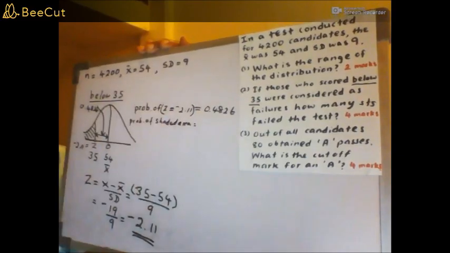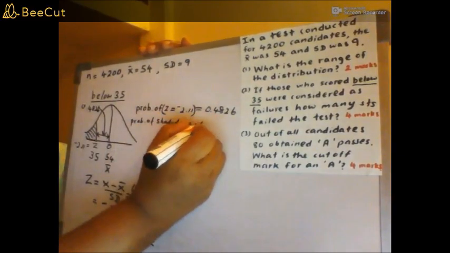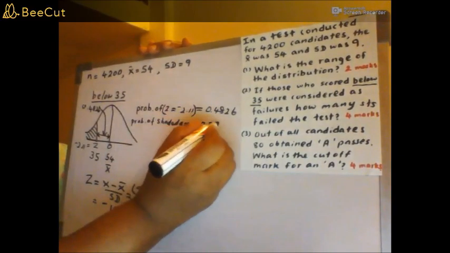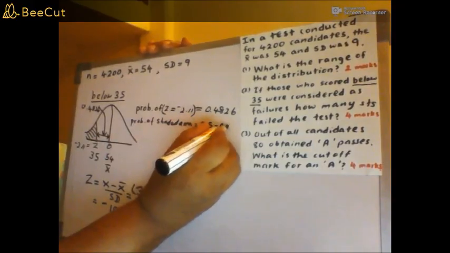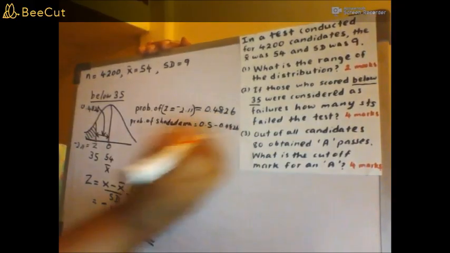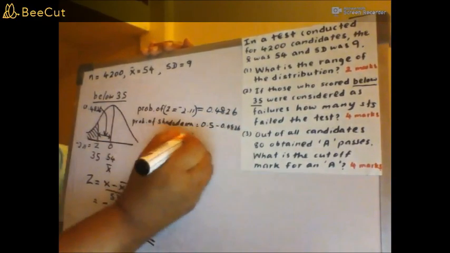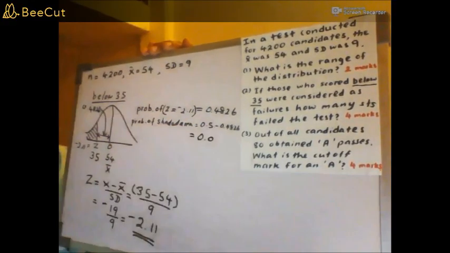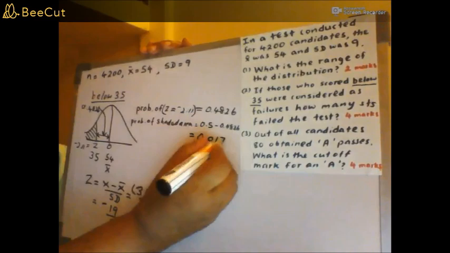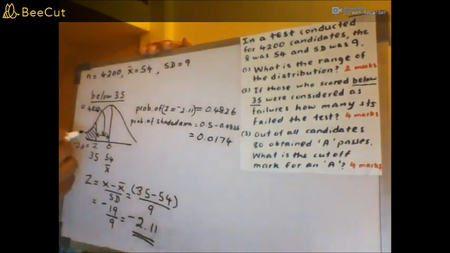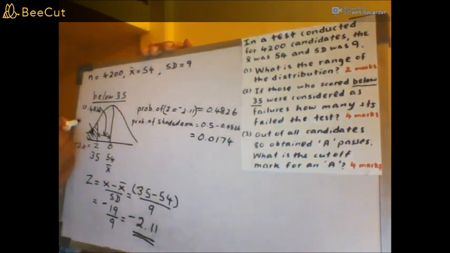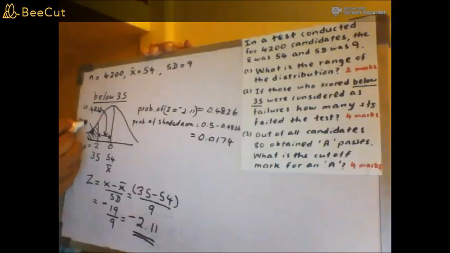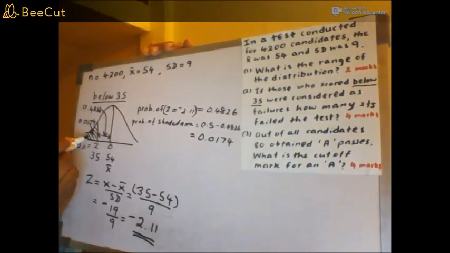What is that? 0.5 minus 0.4826. The answer is 0.0174. So this one is 0.0174. Now we know the probability.